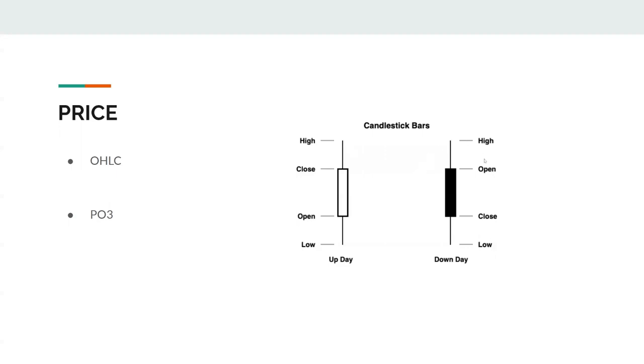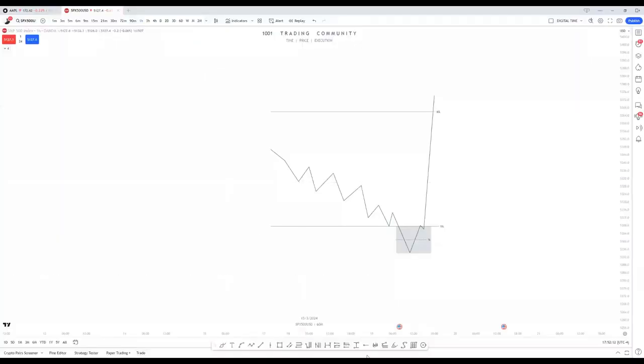Opposite for bearish candles. Let's go through a few actual examples on TradingView just to make this a bit more clear and to make this a bit more simplified. Let's say you are trading the same setup that we have here.